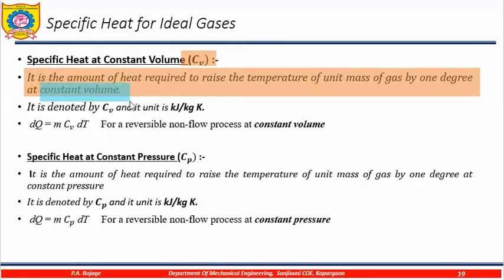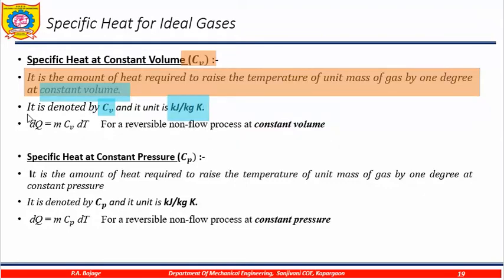When the volume is kept constant for a unit mass of a gas and the temperature rises by 1 degree Celsius, the heat required is the specific heat at constant volume, and it is denoted by C suffix V, and the unit is kilojoules per kg Kelvin.